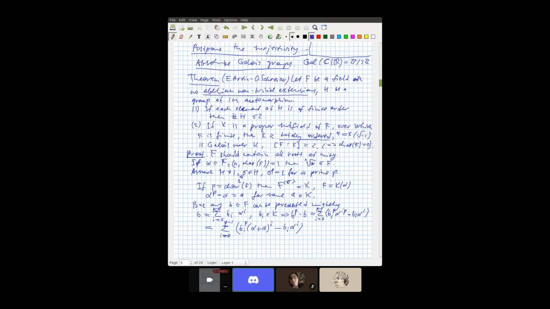Now if we consider this modulo lower degrees of alpha, so consider only i equals p minus 1.